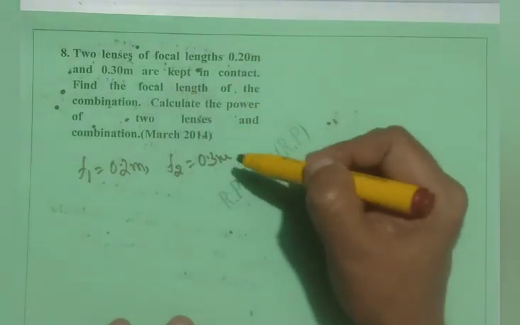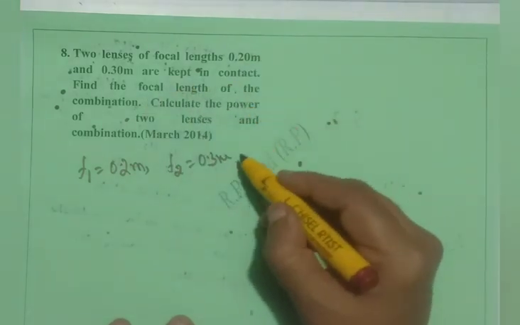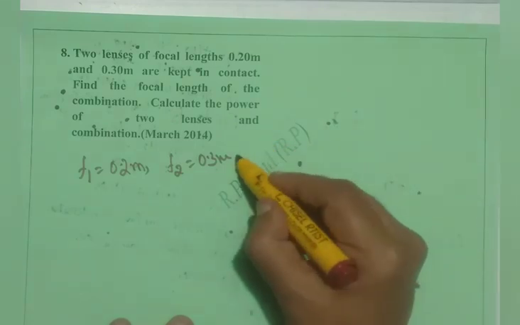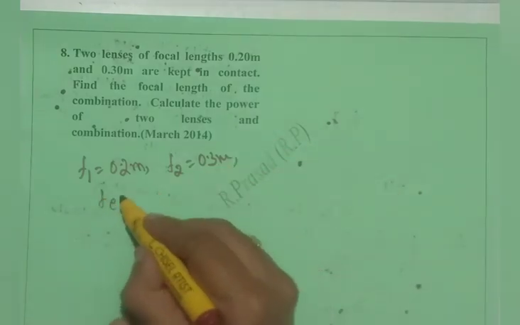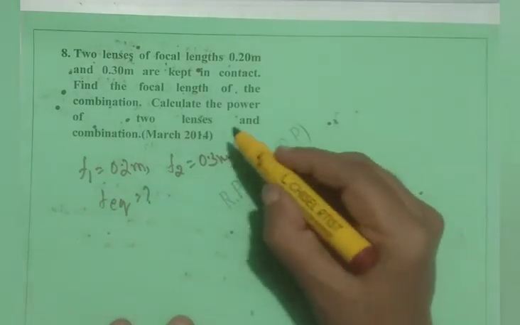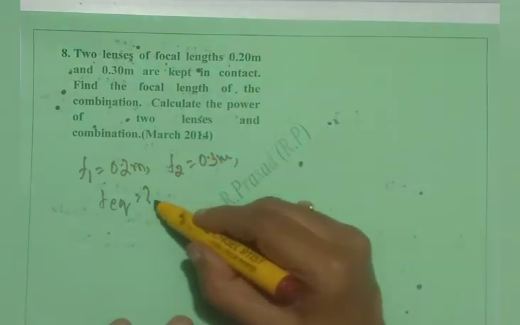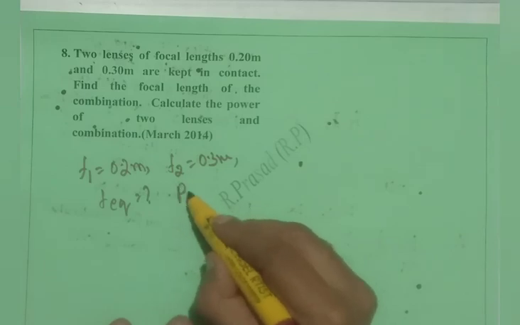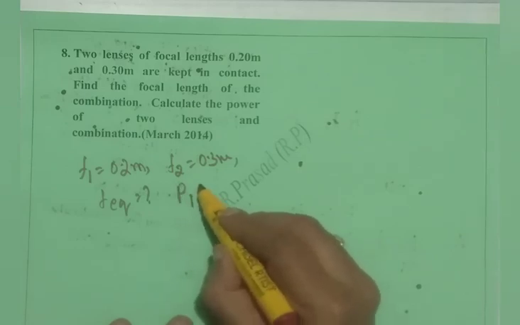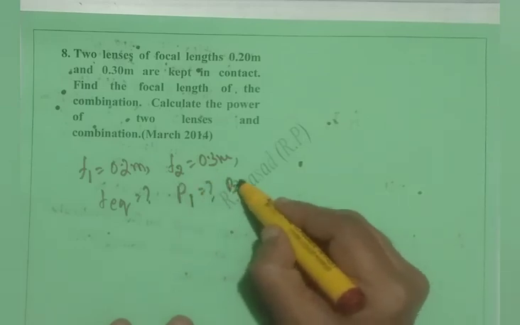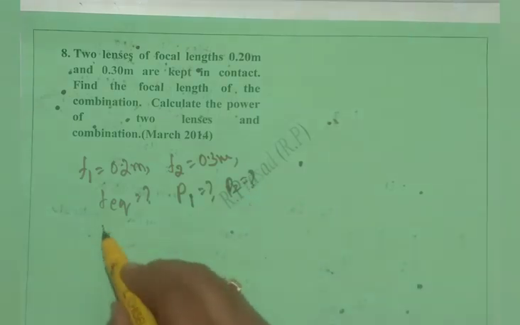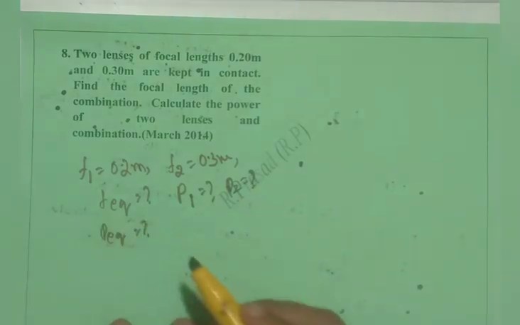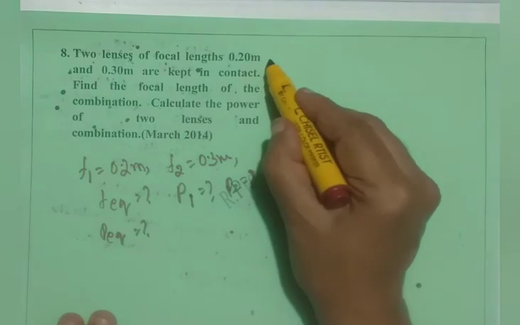As they are given positive, we assume that both of them are convex lenses, and we are asked to calculate F equivalent when they are kept in contact to form the combination. Calculate the power of the first lens P1, power of the second lens P2, and P equivalent also, that is the equivalent lens power.